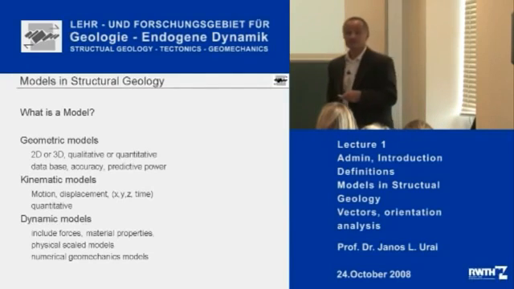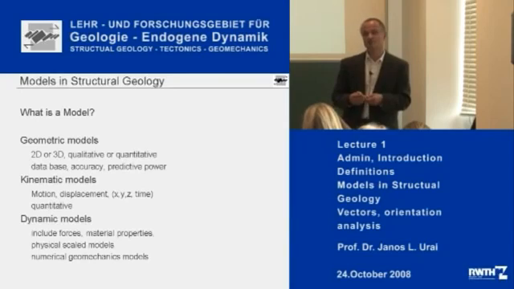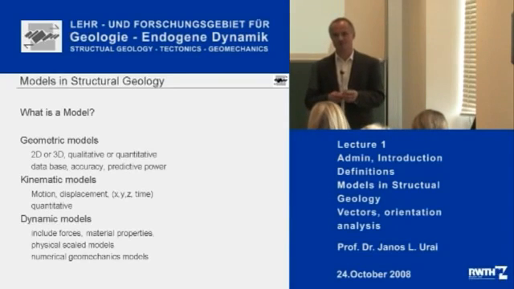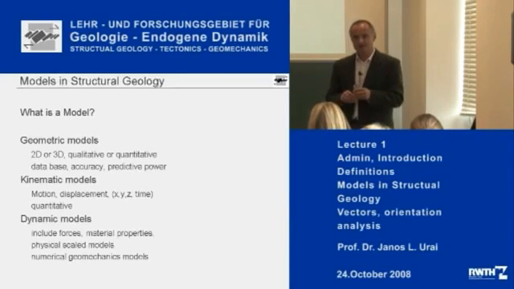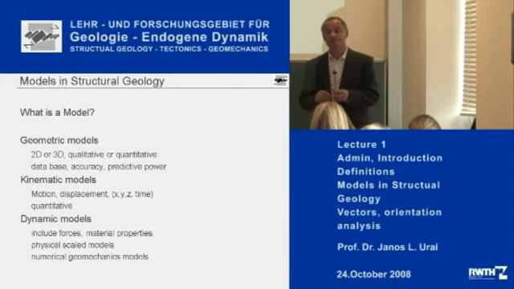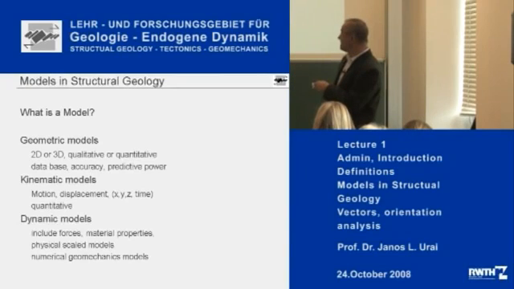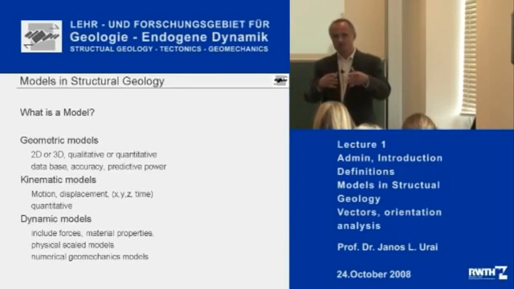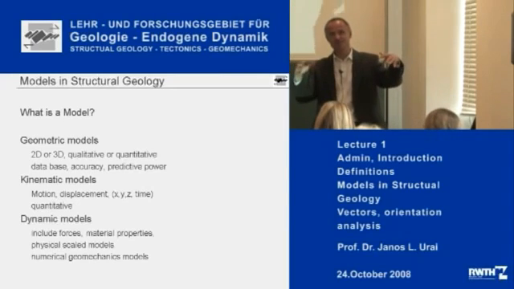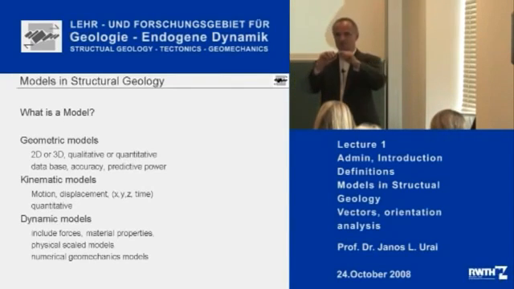The next class of models are kinematic models. Now, what is kinematic? Kinematic is motion, in German, the Kino. They show not just the shape, but the change of shape. So, for example, you have a layer, and the layer is folded.